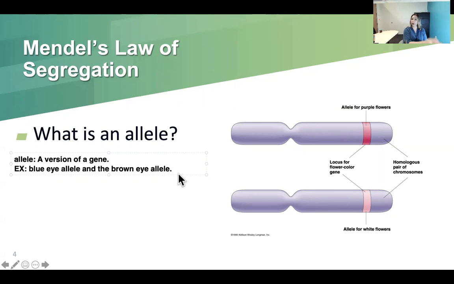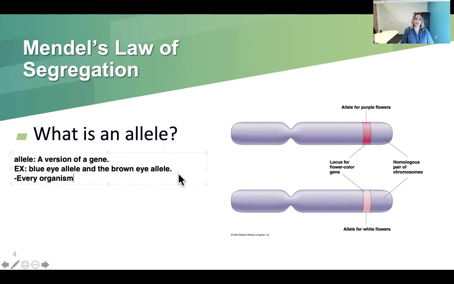You inherit 1 allele from your mother and 1 from your father. Remember, when we talked about the eye color gene, I believe I used brown eyes for mom. So you would inherit the brown eye allele from mom and the blue eye allele from dad. I'm going to summarize that for you here.